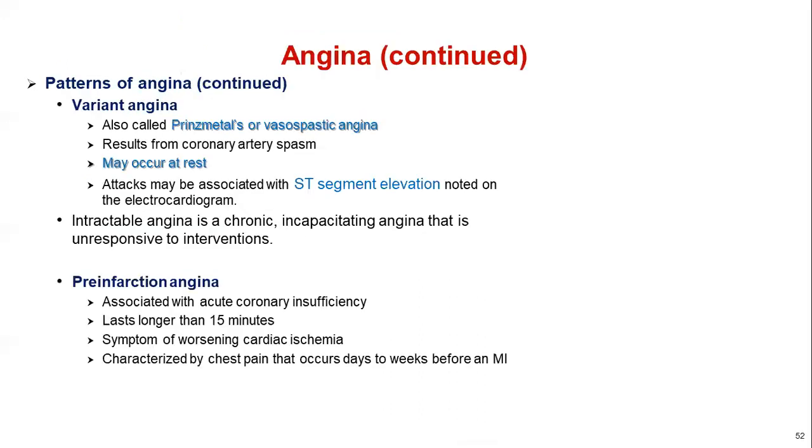What else? The third one is called variant angina. Variant angina is also called Prinzmetal or vasospastic angina. It occurs because of coronary artery spasm and may occur even at rest.